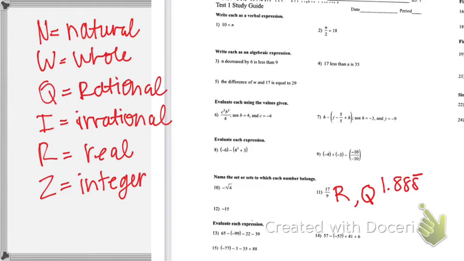Number 12 is -15. So remember, not natural because it's not a counting number. Not whole. It is rational. It is real. And it is an integer because it is a negative number.